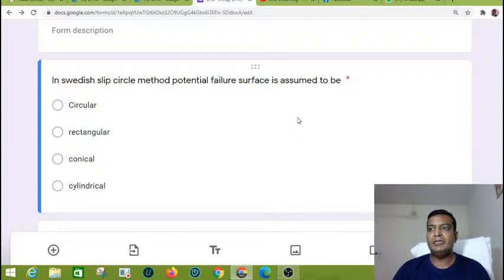In Swedish slip circle method, the potential failure surface is assumed to be circular, rectangular, conical, or cylindrical. Give your opinion in the chat box, please.